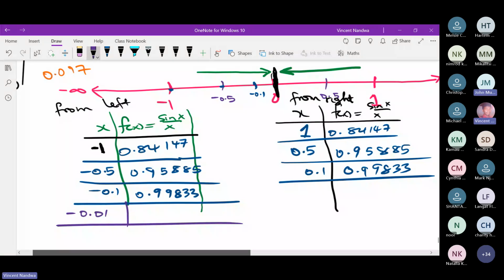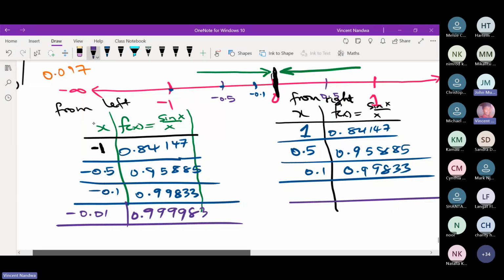So we are saying the answer is? .999. How many nines after the decimal? 4. And then 8, 3.